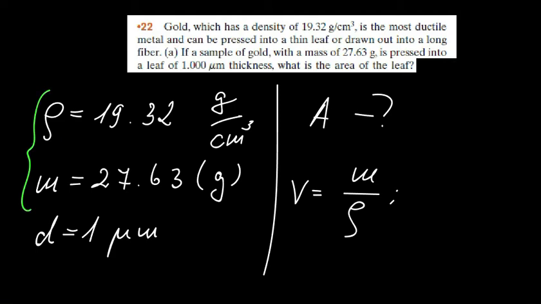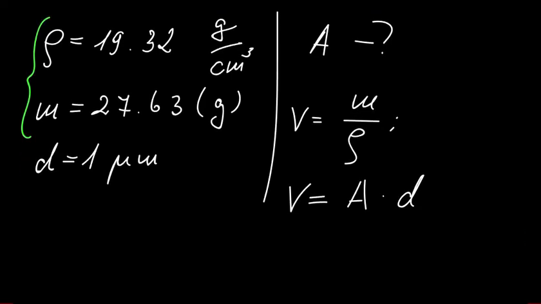Now, once we have our volume, we can easily calculate an area, because volume is also equal to an area times our thickness. From this we get that our area is mass divided by density and thickness. Before plugging our numbers in, we need to convert these units into base SI units.